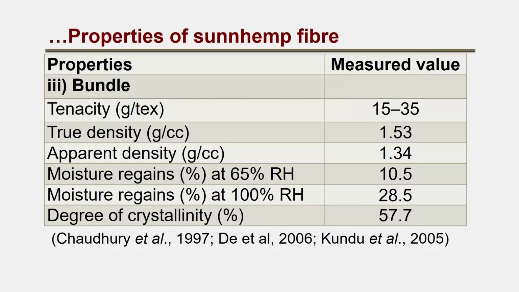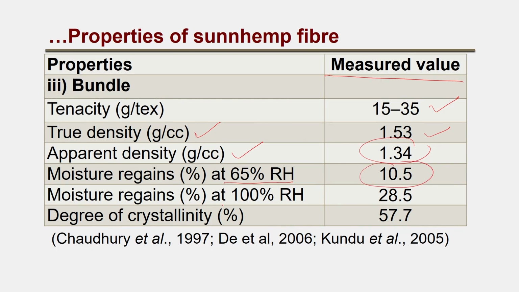You can see some more properties. The third important property is related to the bundle, and in the second column you see the measured values. So, tenacity, gram per tex, is 15 to 35. Then true density, in gram per cubic centimeter, 1.53, and then apparent density, gram per cubic centimeter, is 1.34, and moisture regain in percentage at 65% relative humidity, its value is 10.5.